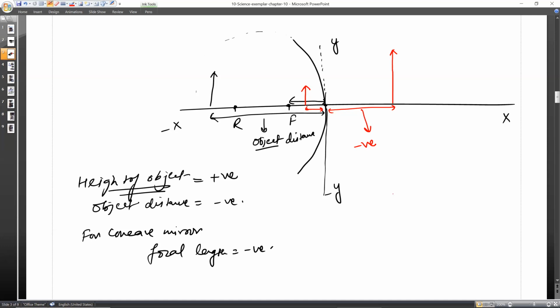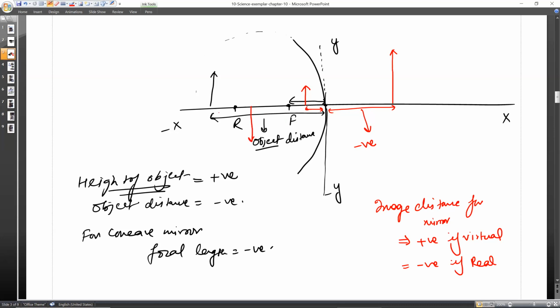So here, the image distance for mirrors is considered positive if virtual and negative if real. If a real image is formed, it will be formed in front of the mirror.